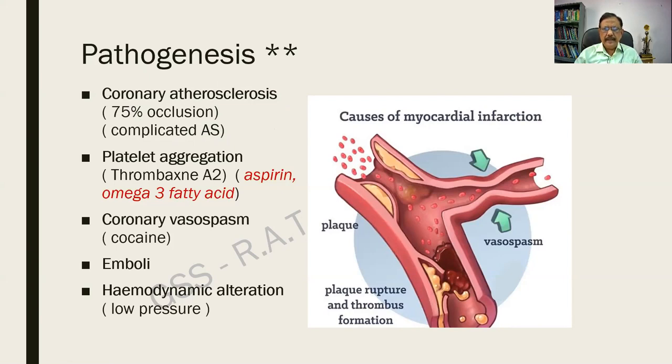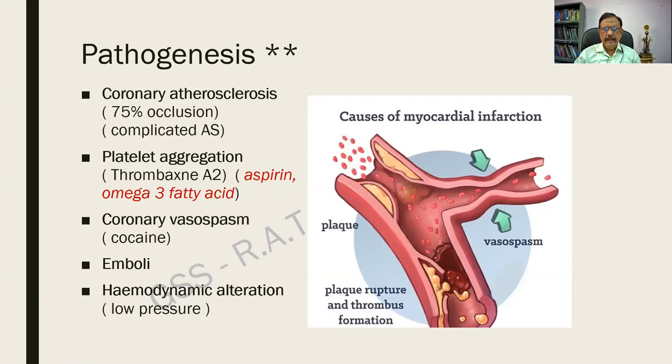Next is platelet aggregation. The platelet aggregation is promoted by thromboxane A2 and it is prevented by aspirin. It is a drug of choice in cardiology. And omega-3 fatty acid has a protective effect. So platelet aggregation is the second pathogenetic mechanism.